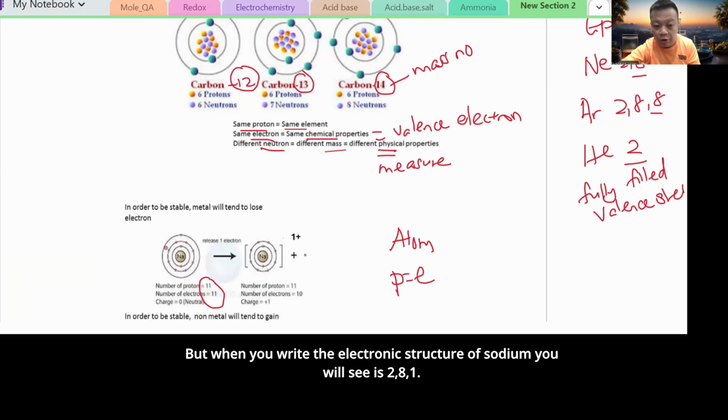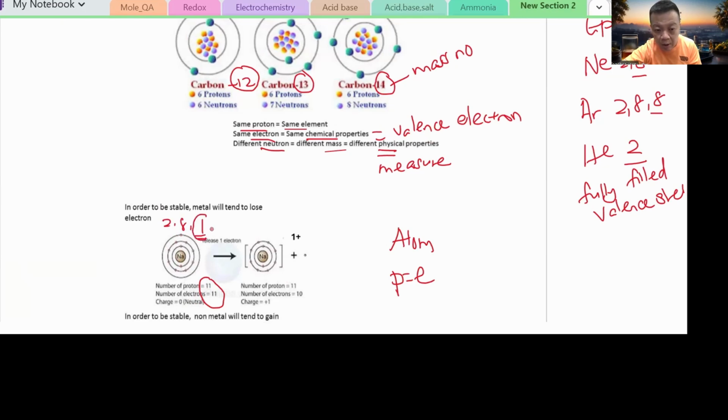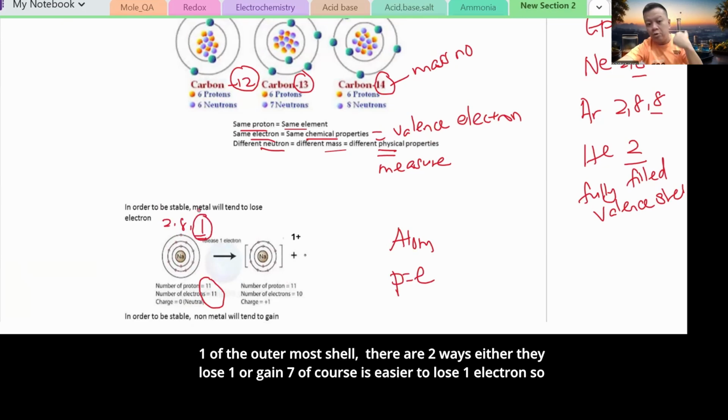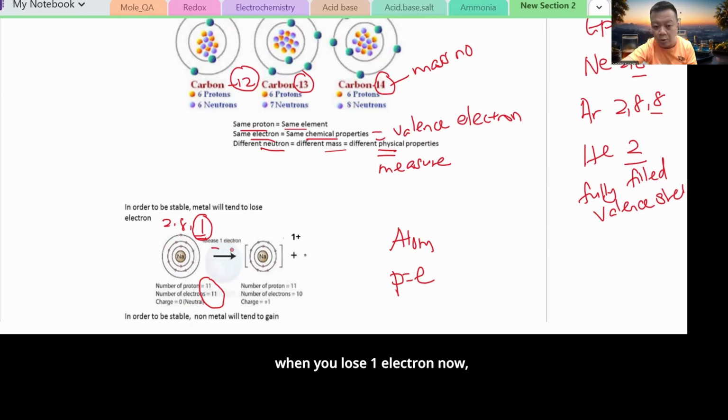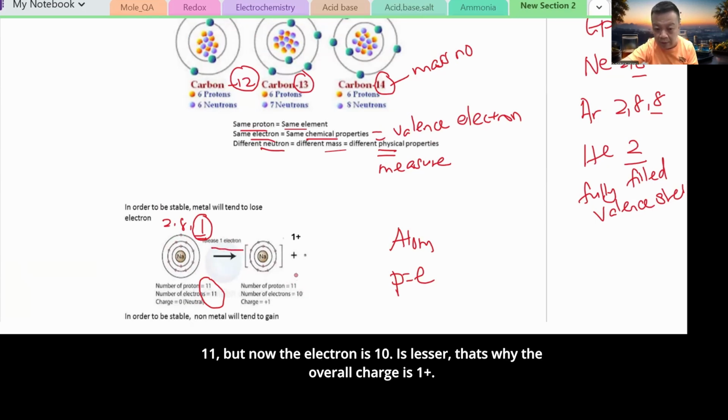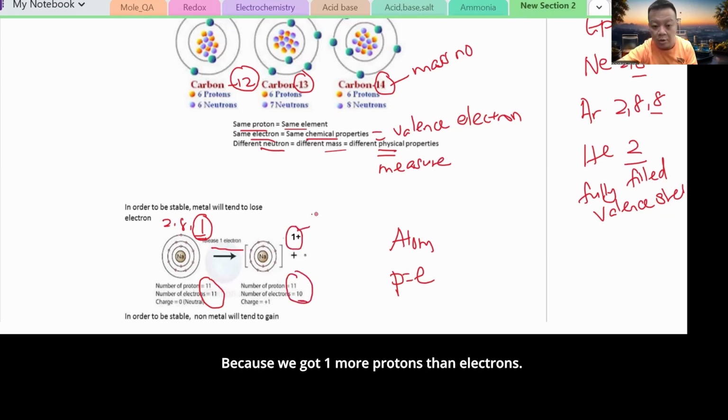But when you write the electronic structure of sodium, you will see it is 2, 8, 1. So you have one in the outermost shell, there are two ways: either to lose one or gain 7. Of course, it's easier to lose one electron. So when you lose one electron, now protons are the same, 11, but now the electrons are 10, lesser. That's why the overall charge is 1 plus, because you've got one more proton than electrons.